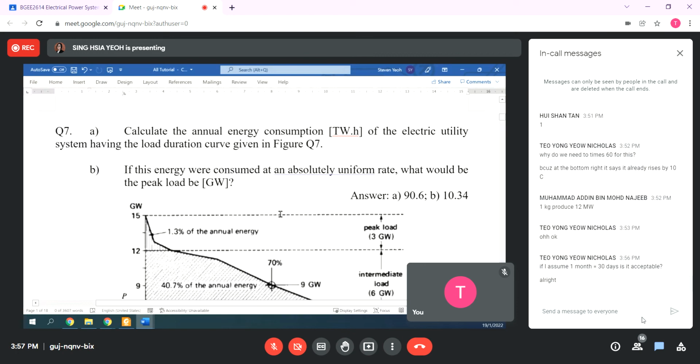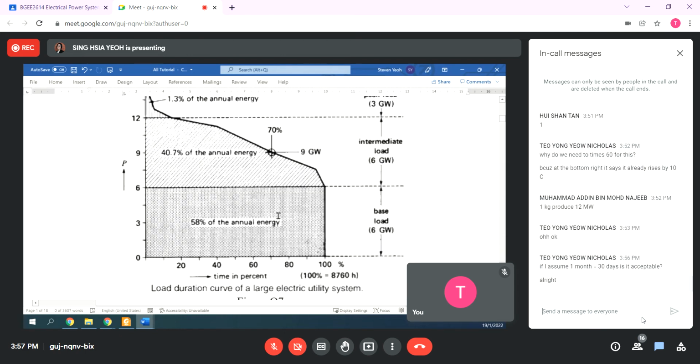Question 7. Annual energy consumption that is having the load. Okay, this one looks difficult, confusing, but actually okay. So they say 58% of the annual energy equals to 6 gigawatt.